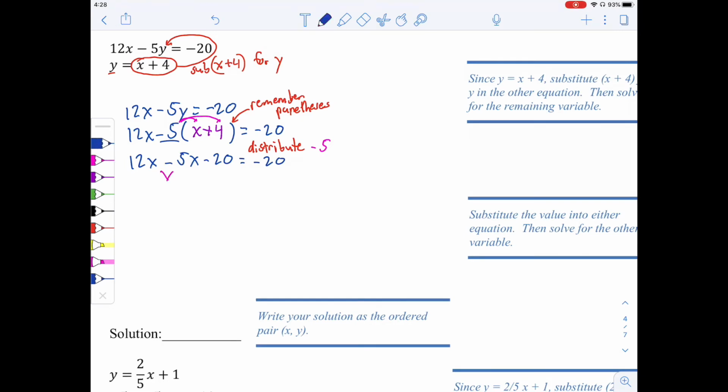Right? 12x minus 5x, 7. 7x minus 20 equals negative 20. We're going to add 20. 7x equals 0. And then divide by 7. X equals 0. Right, so you know x equals 0.